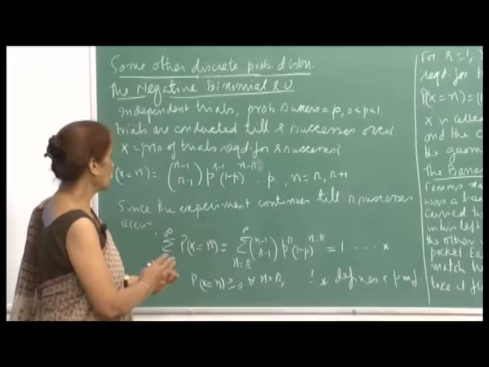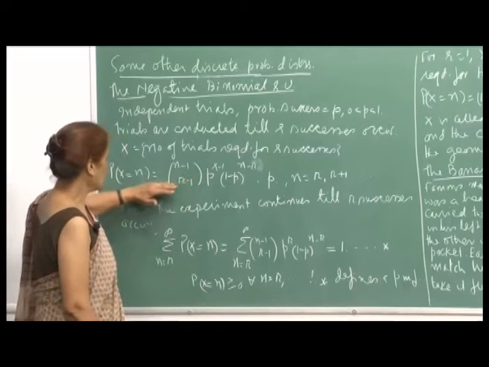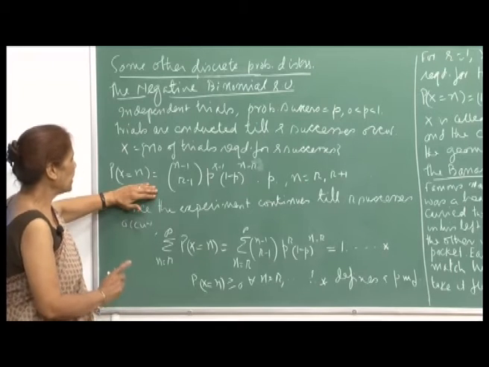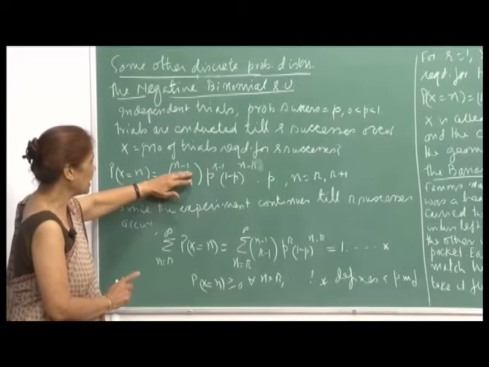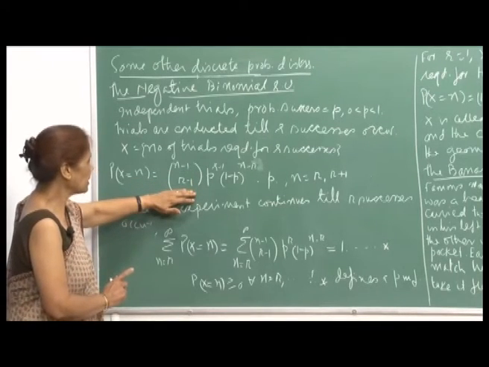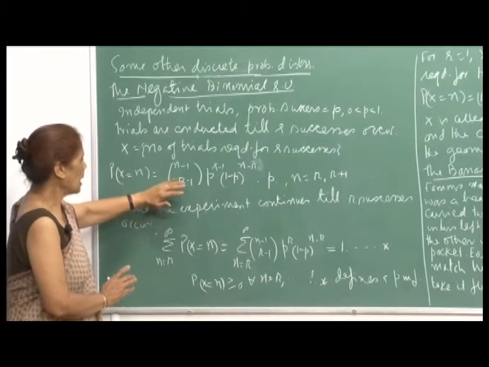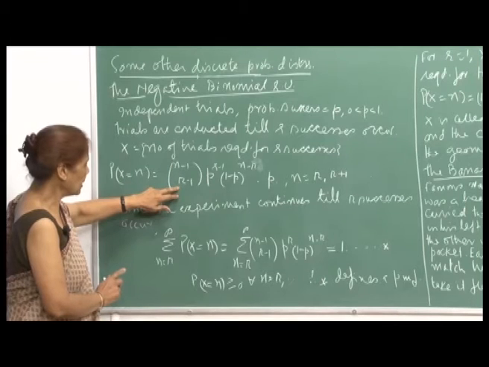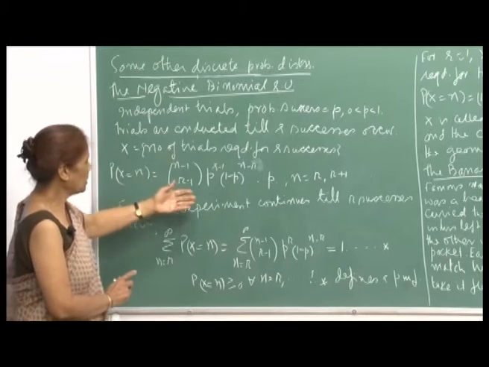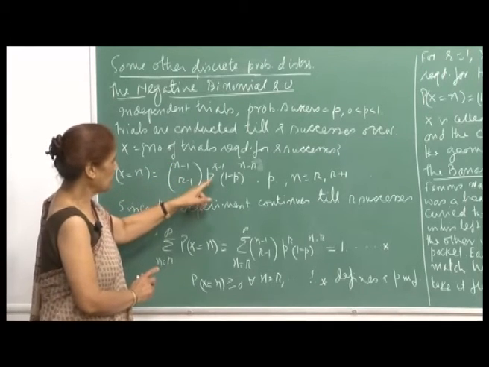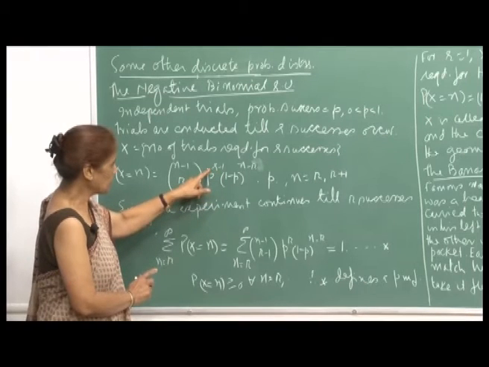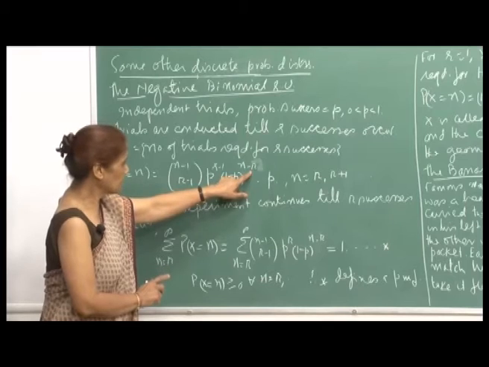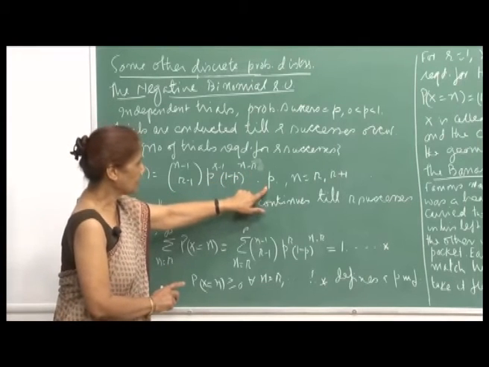So up to n minus 1 trials, r minus 1 successes should have occurred, and the probability of that is n minus 1 choose r minus 1. Here you are using the binomial concept, and then p to the r minus 1 for the successes, and 1 minus p to the n minus r for the failures, and then the last one is a success.